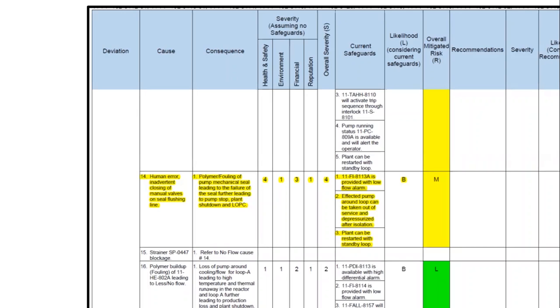What does this mean? 10 raised to the power minus 4 means we can tolerate one fatality in 10,000 years. We cannot tolerate one fatality in 1,000 years. So TMEL is our target or tolerable limit, which we can tolerate.